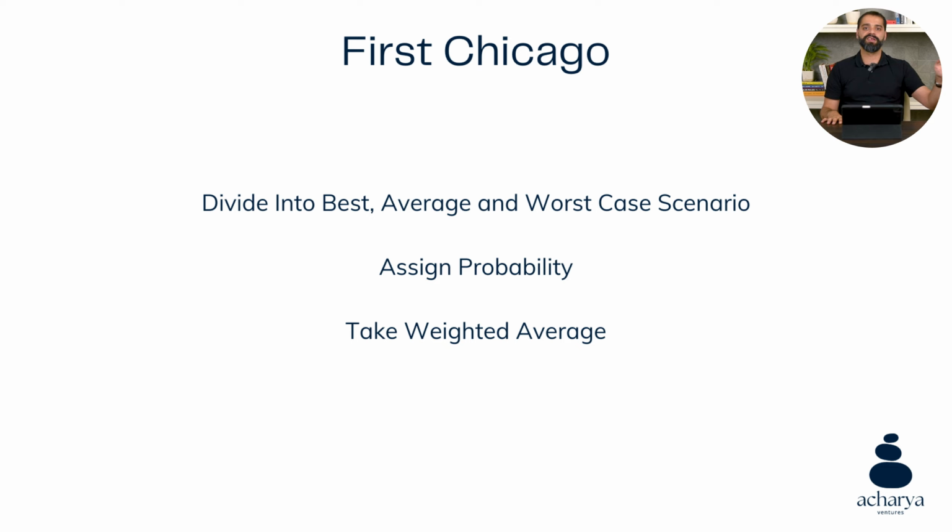Let's say the best case scenario has a 20% probability, the average case scenario a 50% probability, and the worst case scenario a 30% probability. You come up with valuations for each of those, multiply each by the probability you assigned, add them all up, and you'll come up with a weighted average valuation.